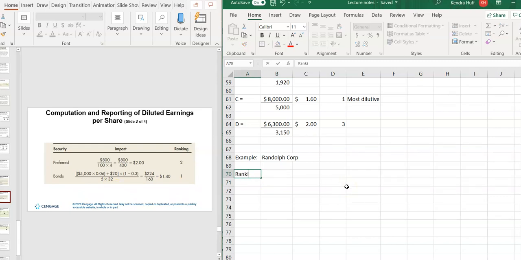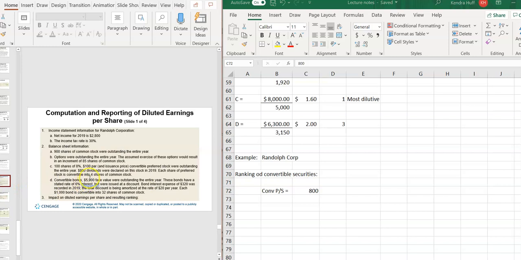So, ranking of convertible securities. The convertible preferred stock had a dividend of 800, and they told us that each share is converted into 4 shares.